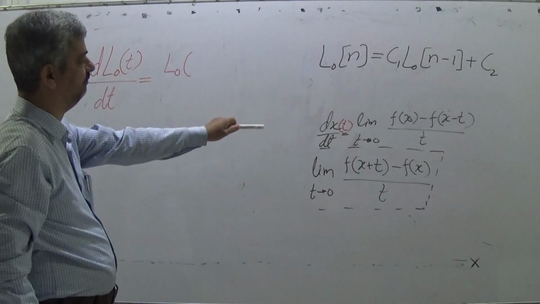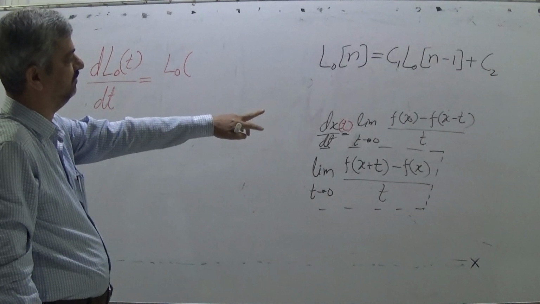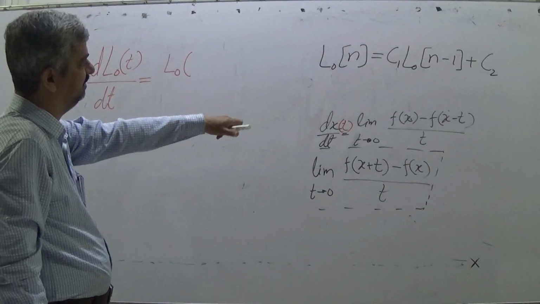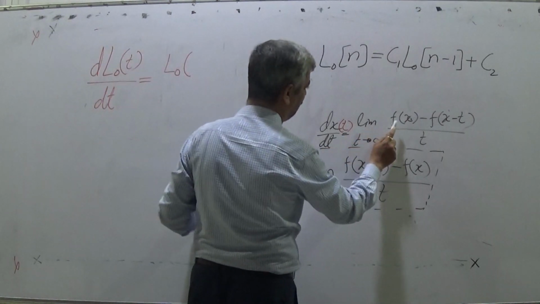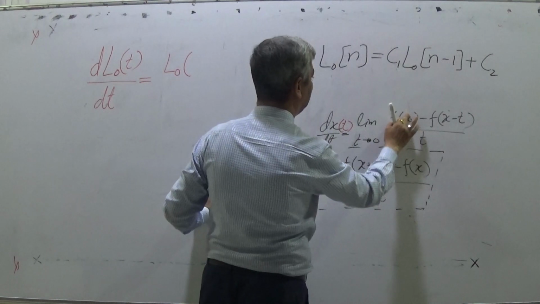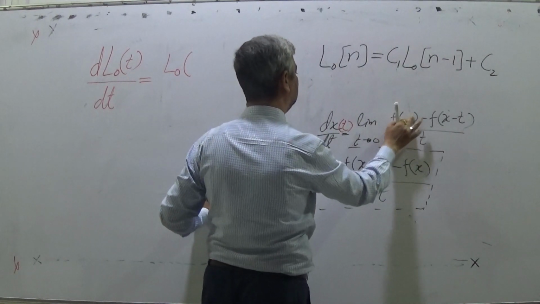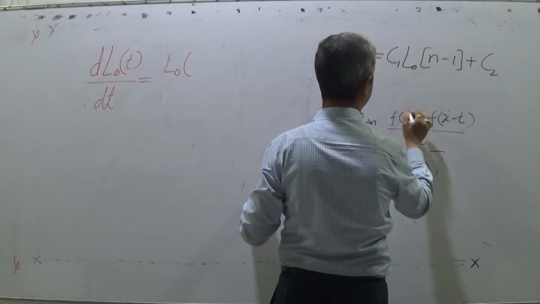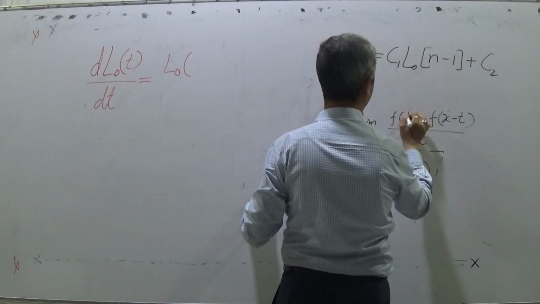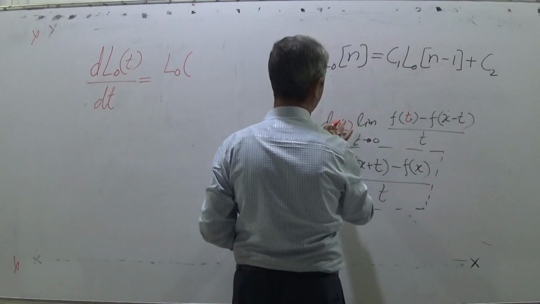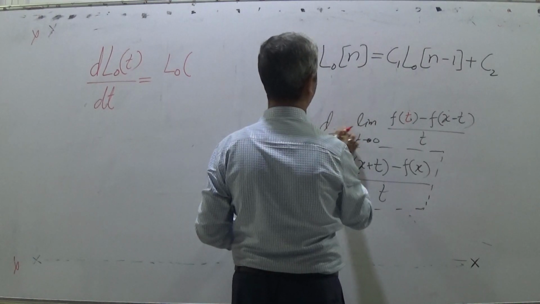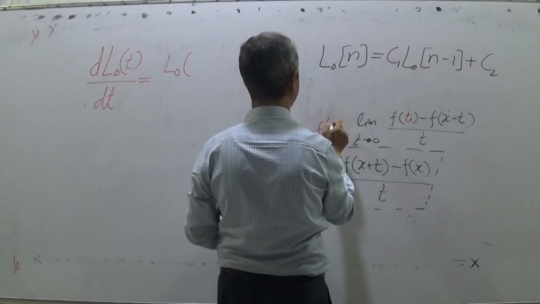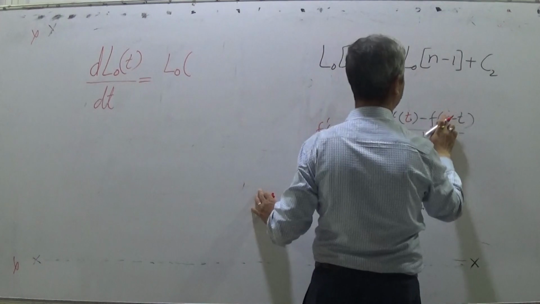Now, something has happened: the value of the function, to be very precise, we should not write it. There is no need of x again, so we can have f dash t like this, where f dash t is assumed as this.